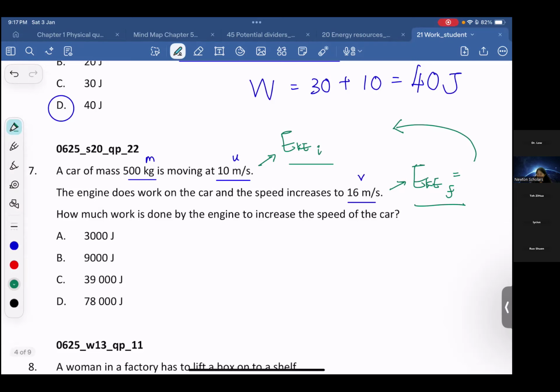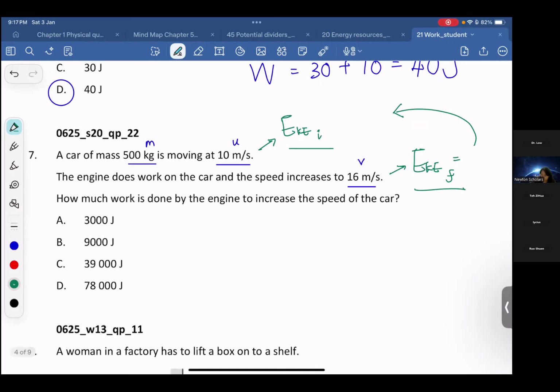Any of you able to get the answer? Work done is 1 over 2 mv square minus 1 over 2 mu square. Final kinetic energy minus the initial kinetic energy. So how much extra work we need to do is final minus initial energy.